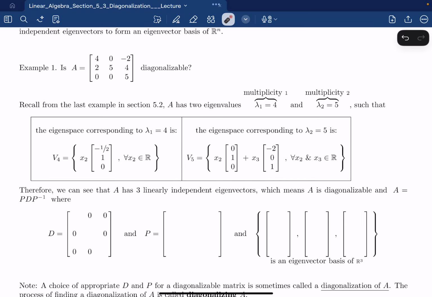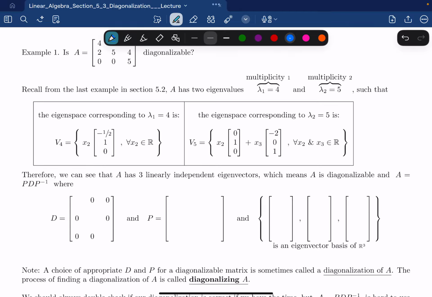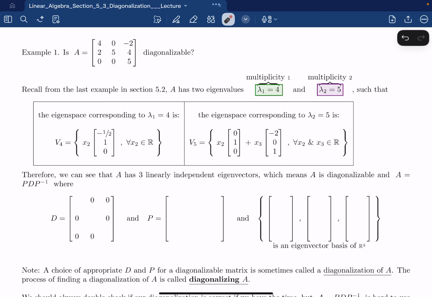So here's the nice part about this. Once you have found all of the eigenvalues and all the corresponding eigenspaces, the diagonalization process is super simple. You just have to write down the things correctly. So I'm going to highlight lambda 1 equals 4 and lambda 2 equals 5. In my D matrix, because the diagonal entries are the only non-zero entries, I'm just going to put the eigenvalues on the diagonal.